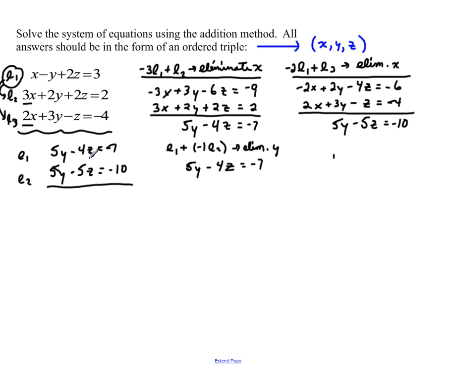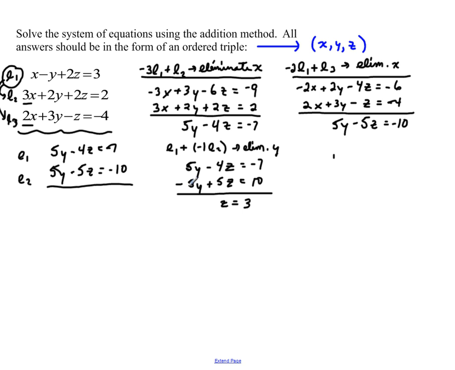And the negative of everything on equation 2 becomes -5y plus 5z equals +10. And so we add these two together, the y's drop out, we're left with 1z is equal to 10 minus 7, so that's 3. So right away we've got z equals 3.